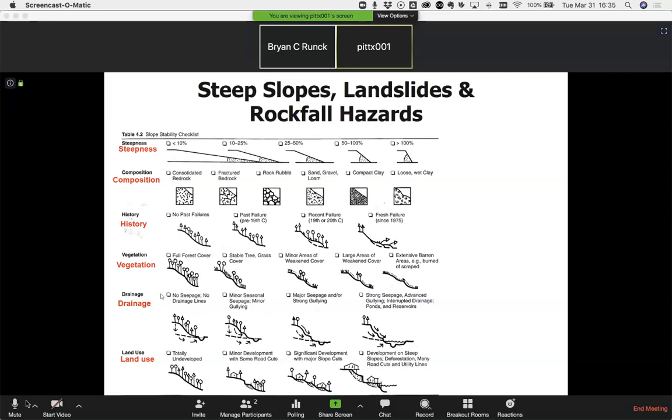Where we have a lot of subsurface drainage, seepage of water, especially if it's combined with clay soils, we can see seepage landscapes, especially in clay areas, having strong slope failure possibilities.